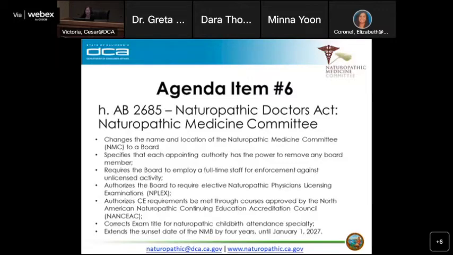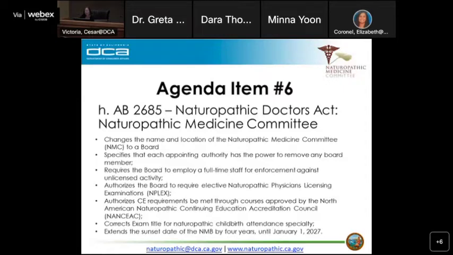It also would authorize the board to require elective naturopathic physicians licensing examination, NPLEX, components. There have been some additional elective exam components, and so this will give the board, or well, the committee right now, the authority to take any of those elective exams and make them a requirement as well.